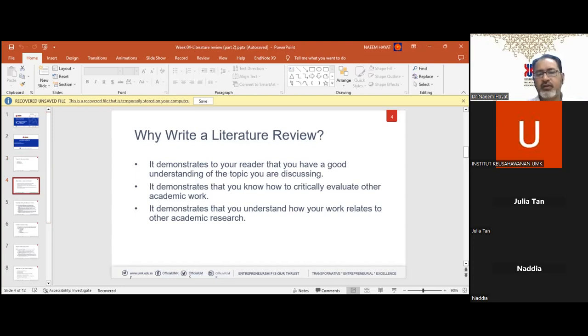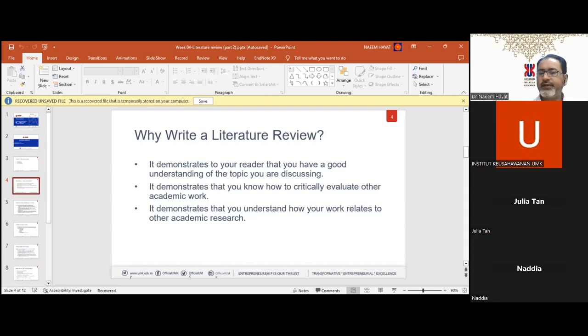First of all, writing a literature review helps us establish our strength and our understanding while discussing the topic or the literature. It demonstrates how well we are able to critically evaluate the academic work.